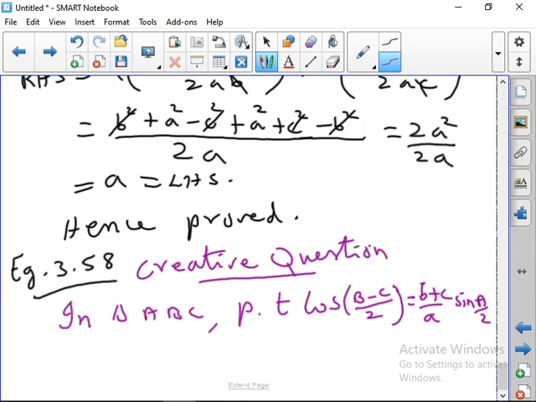Okay. So you try this problem. It is similar to that of example 3.58. So try this, children. It was once asked for in the exam.